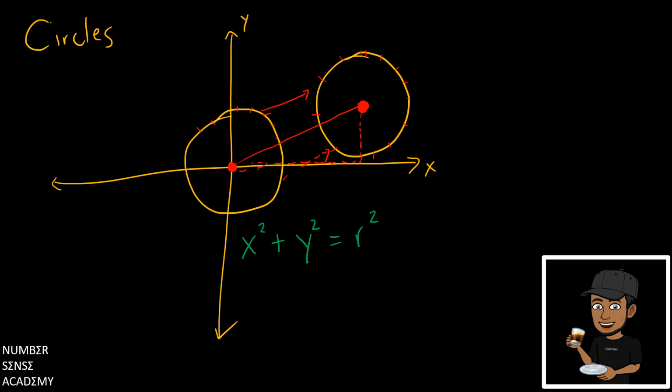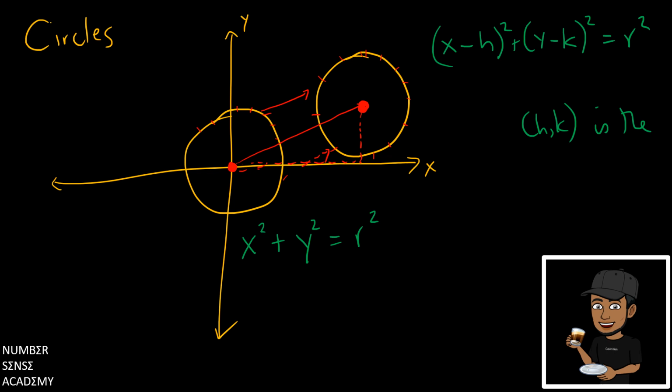And if the circle doesn't have a center at the origin, then the equation that we use is x minus h squared plus y minus k squared equals r squared, where h, k is the coordinate of the center.